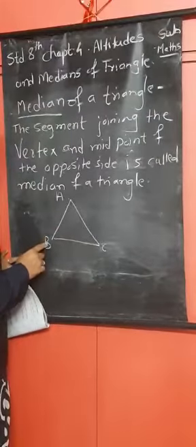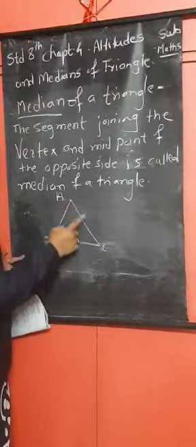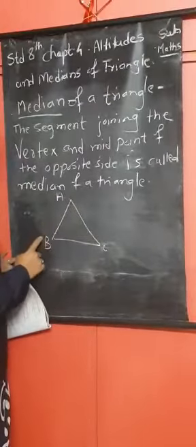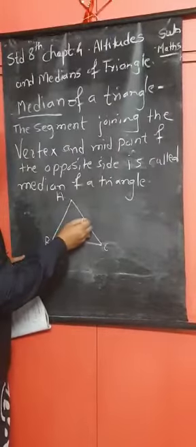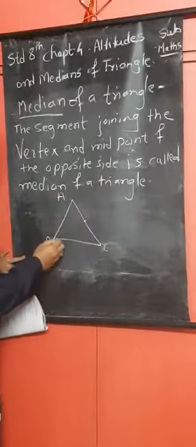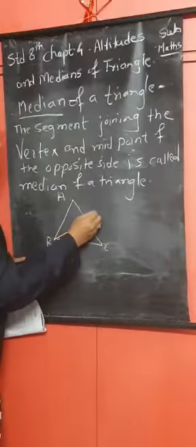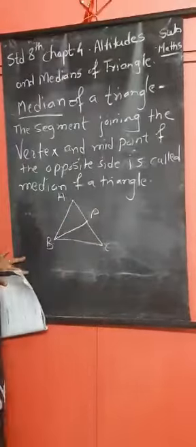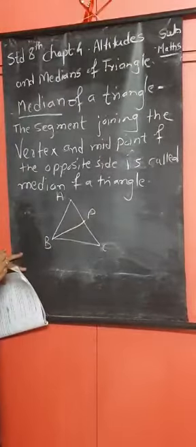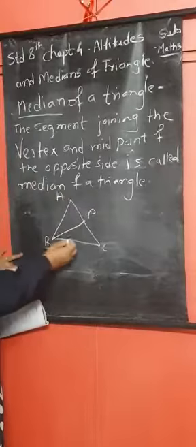The opposite side of vertex B is AC. The opposite side of vertex C is AB. Suppose this is the midpoint P of AC. B joined to P, so BP is the median of the triangle.